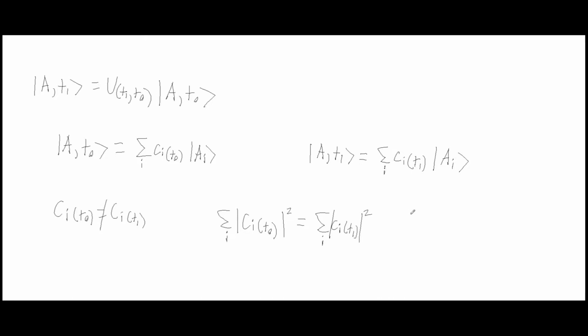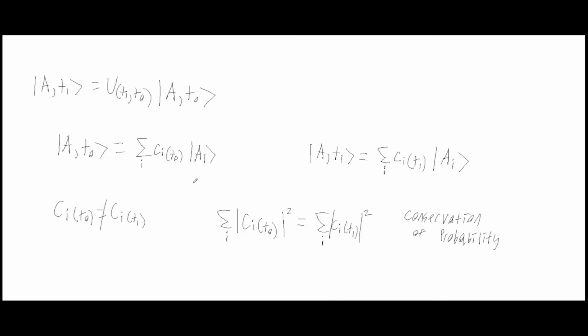And this is what we call the conservation of probability. The total probability has to be equal for each of them, but any particular probability amplitude is going to be changing, because we've acted on it with this operator here.